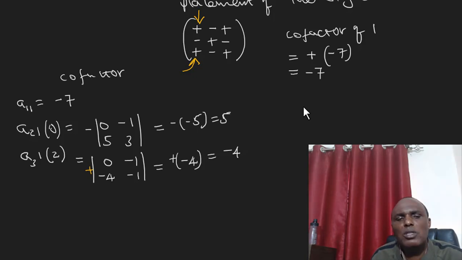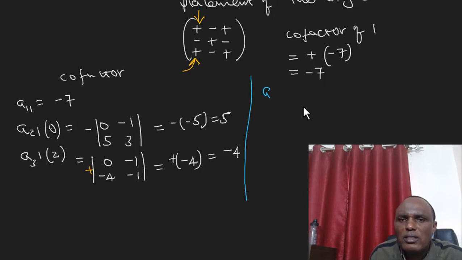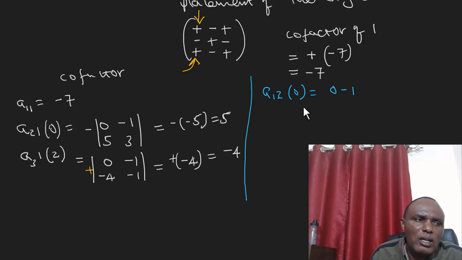The next element I want us to go to is first row, the second column. That element actually is again a 0. To get the cofactor of that element, we remove the elements in the same row and the same column with the 0, and therefore we are left with 0, -1, 0, -1, and 2, 3, 2, 3.